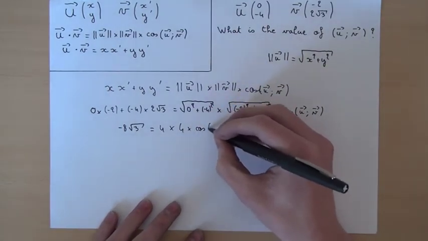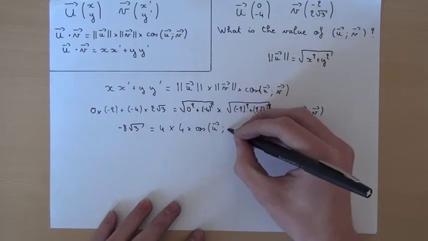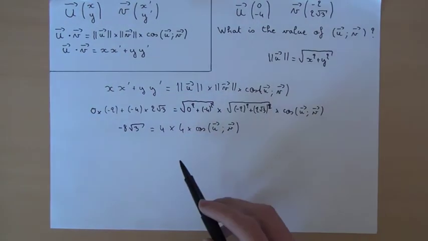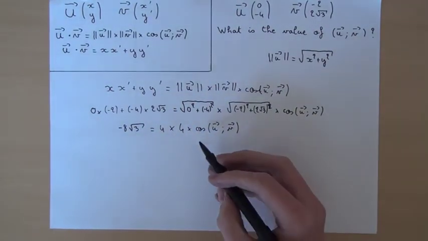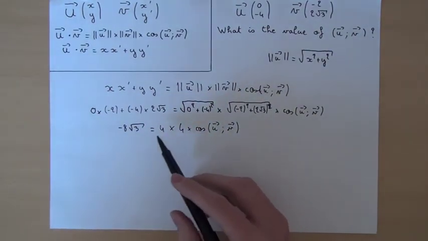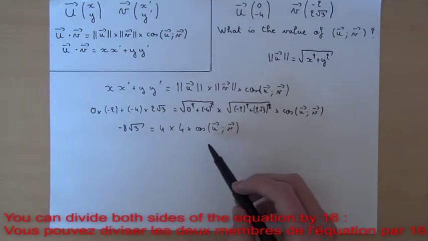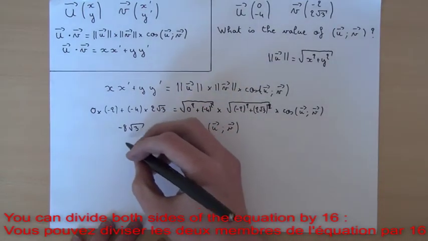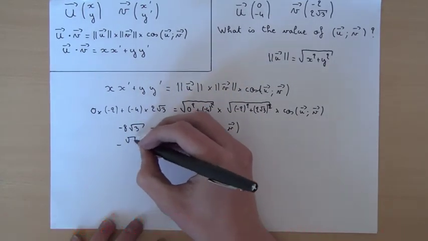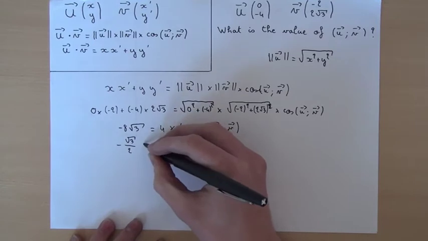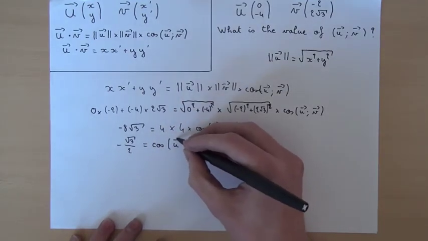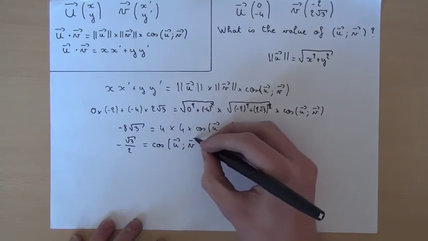Multiplied by cos uv. 4 multiplied by 4 is 16, and you can divide on the two sides by 16, so you have -√3/2 equals cosine of uv.